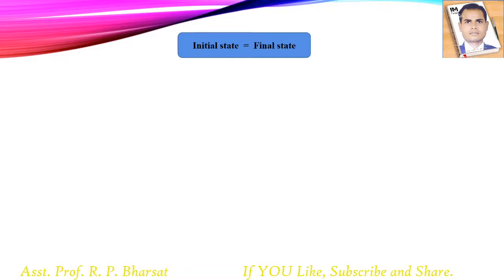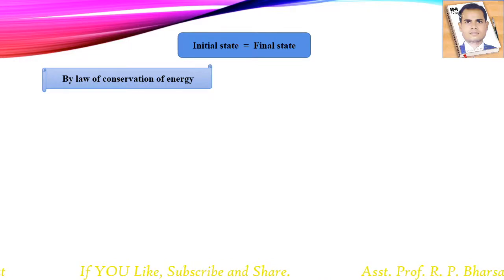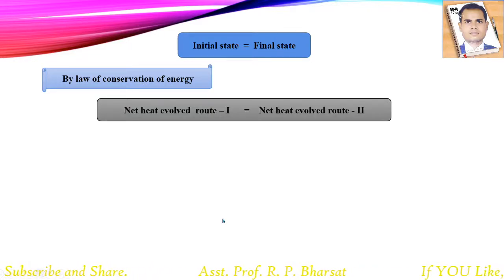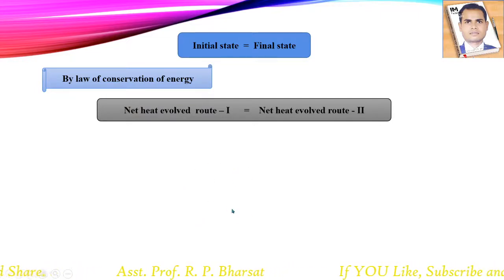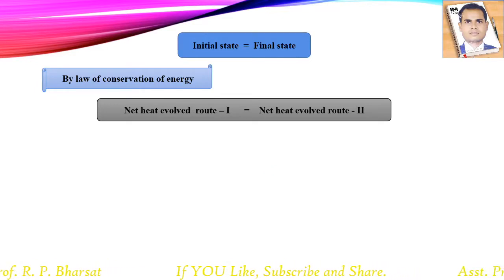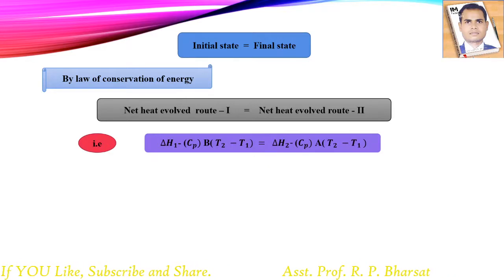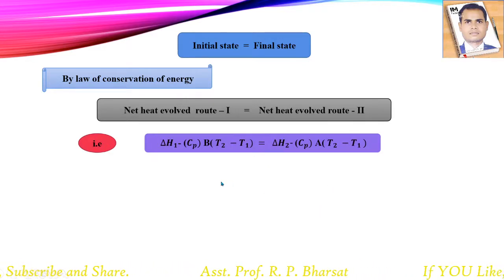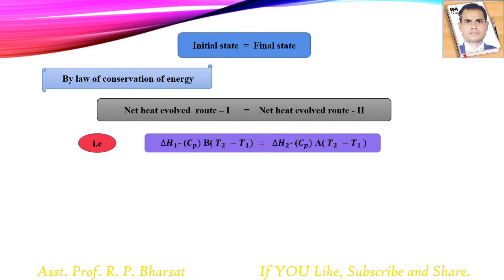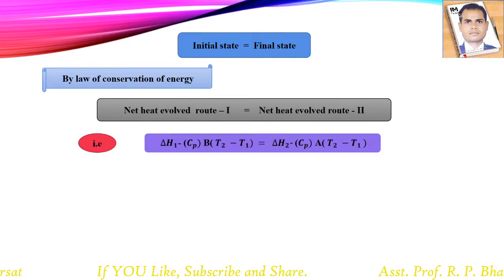Therefore, by the law of conservation of energy, the net heat evolved by route first is equal to the net heat evolved by route second. So you can write delta H1 minus Cp B (T2 minus T1) is equal to delta H2 minus Cp A (T2 minus T1).